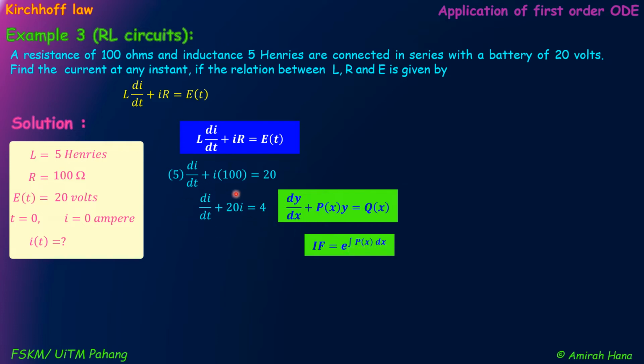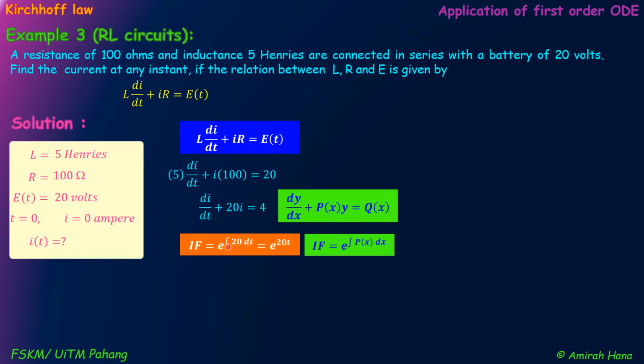So from this linear equation, in terms of variable t and variable I, when we find IF, it equals e to the power of integration of 20. 20 here means P(t), and then we integrate with respect to t, because now our dx is similar to dt.